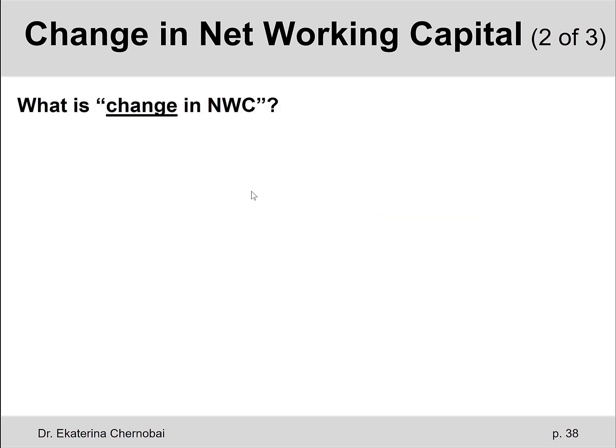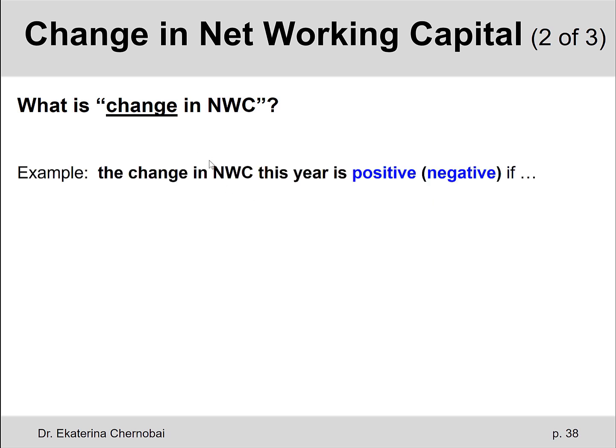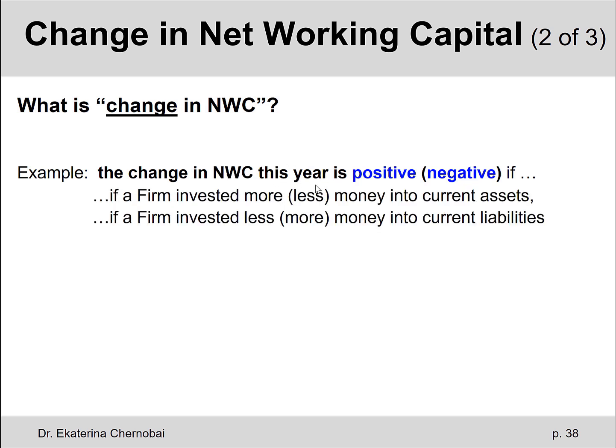What do we mean by change in net working capital? Change means when over 1 year we have increased the amount of net working capital. So for example, what does it mean that the change in net working capital for some year is positive? That will happen if a firm invested more money into current assets.